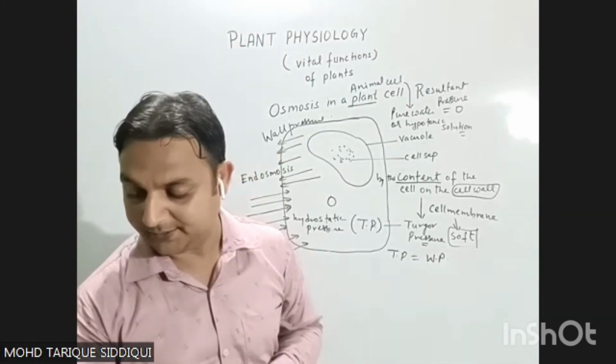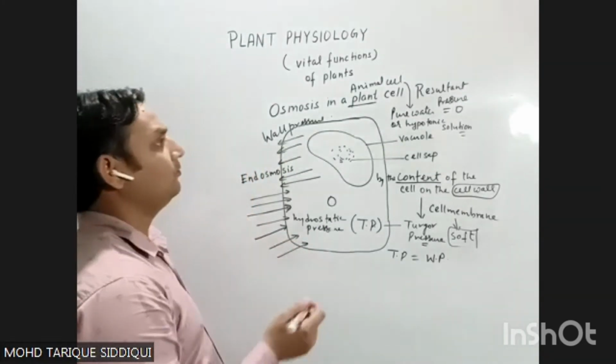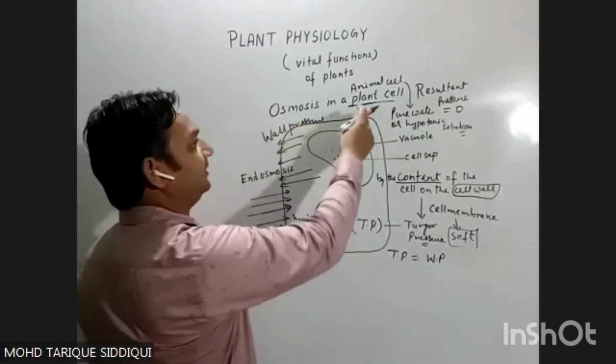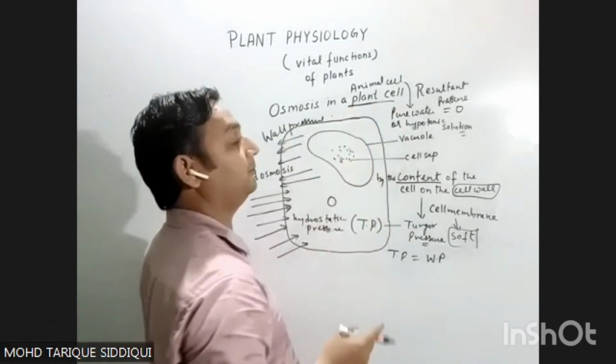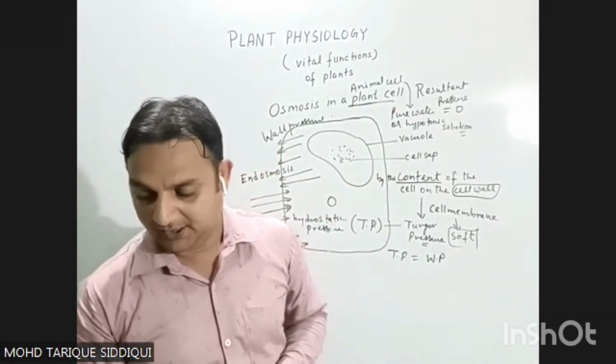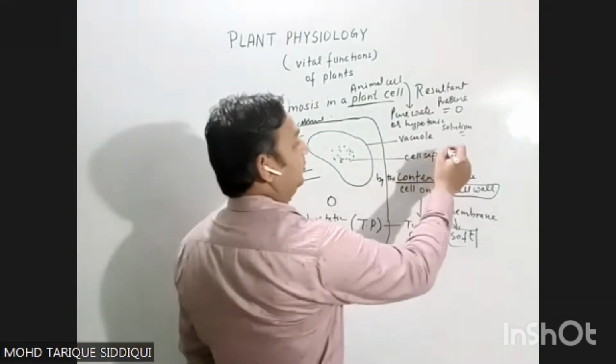Note one important point here. When the plant cell is placed in pure water, it absorbs water by the process of endosmosis. Here, the cell is said to be a turgid cell.